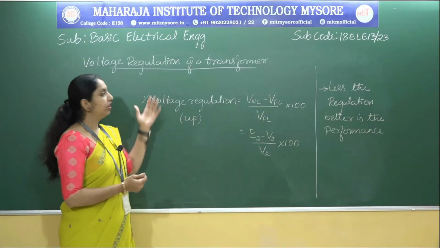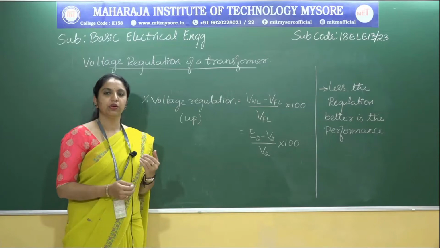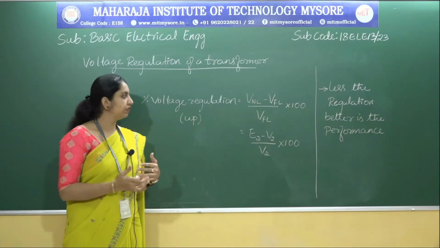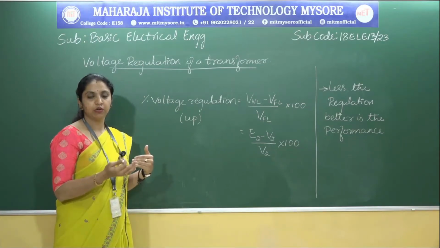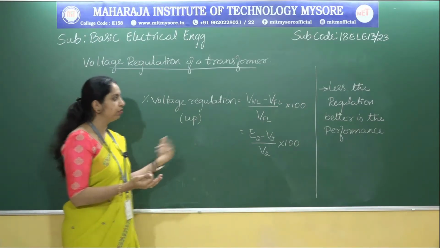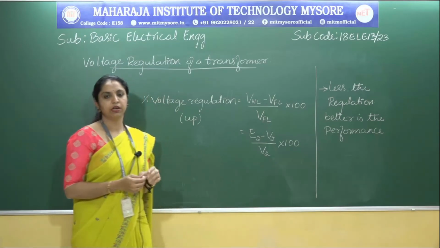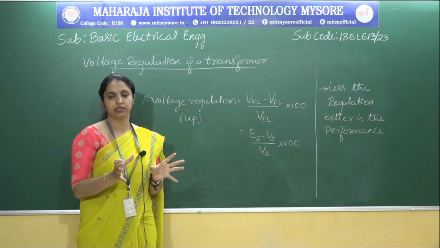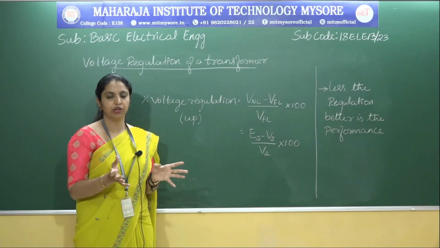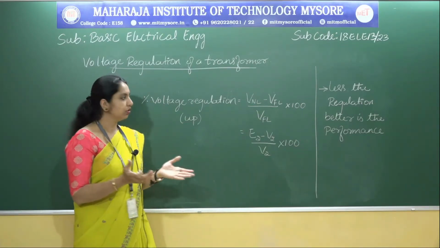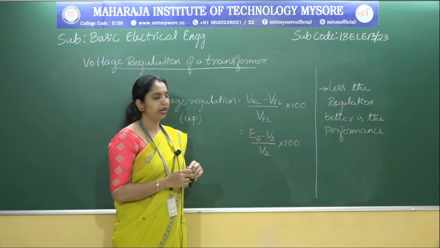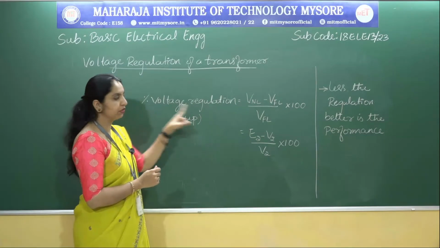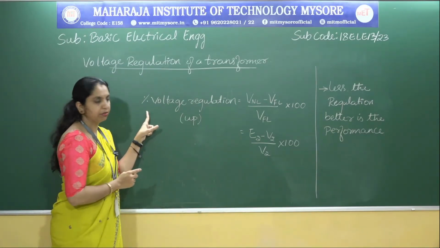Next we have voltage regulation of a transformer. It is defined as the change in secondary voltage from no load to full load. Of course, it should be represented in terms of percentage.